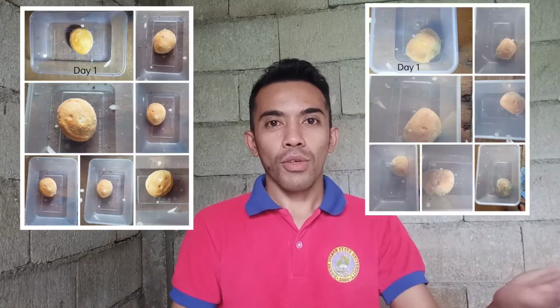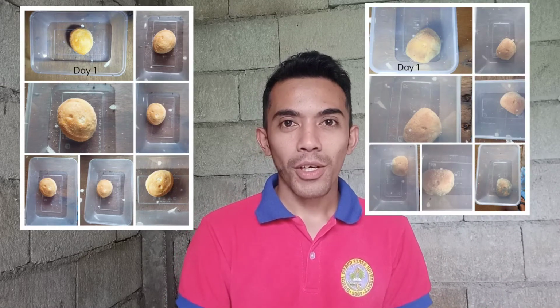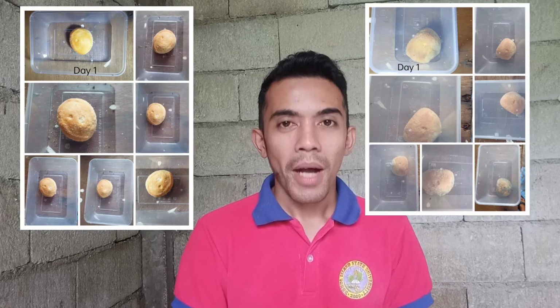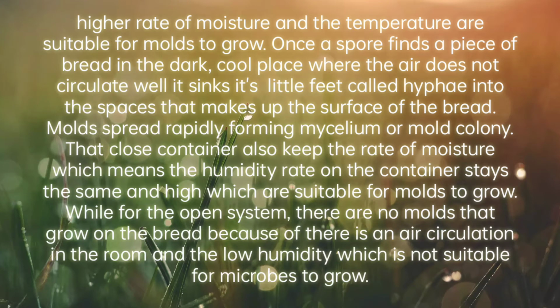First, bread. Open system, closed system. For the open system, there are no molds or microbes that grow on the bread, but the bread becomes harder. While for the closed system, there are molds that grow on the bread. Why? The high moisture and the temperature are suitable for molds to grow.